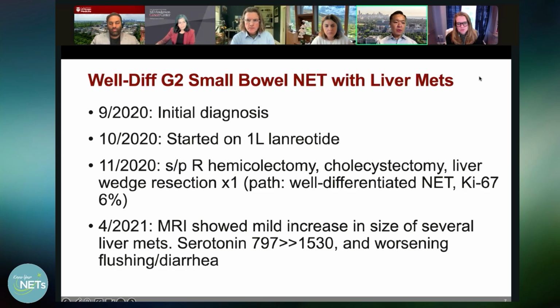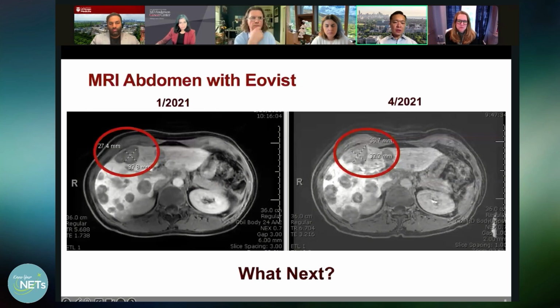And then in April of 2021, about 6 months later, there's mild increase in size of several of her liver mets, but her serotonin almost doubled and she was having worsening flushing and diarrhea. You can see here the tumors are only mildly increased in size. For reference, this lesion went from 32 millimeters to 36, so a 4 millimeter increase, but it seems like her symptoms are clearly worse. So what would we do next in this situation?